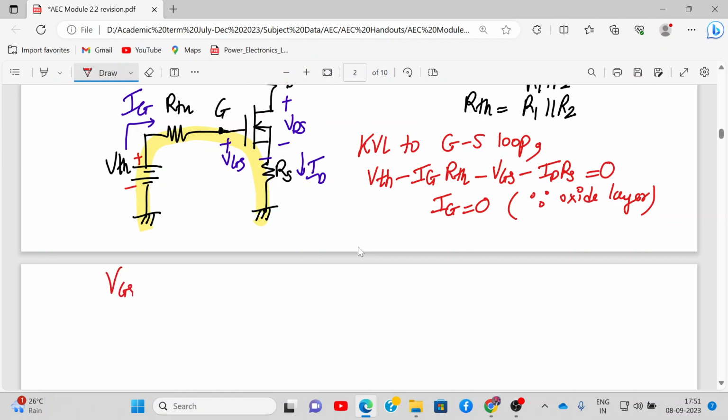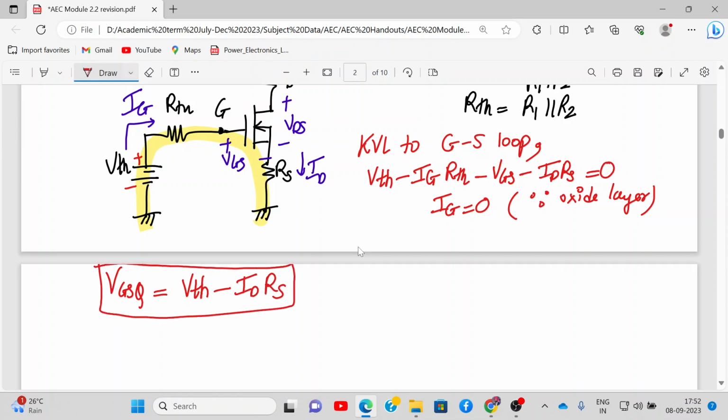What is VGSQ now? VTH minus ID RS. Got it? Hello, you all are following? Yes, sir. If VGSQ is this, what is IDQ? IDSS into 1 minus VGS upon VP the whole square. So you have VGSQ, you have IDQ.